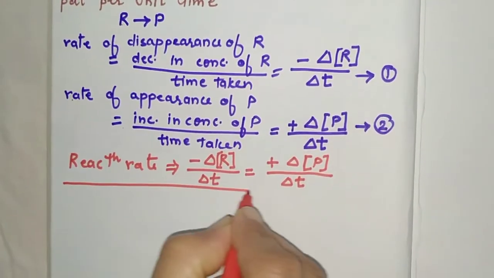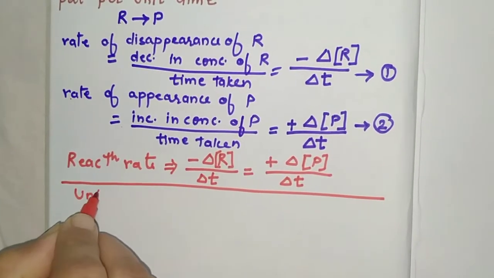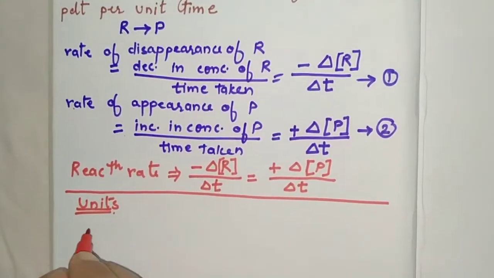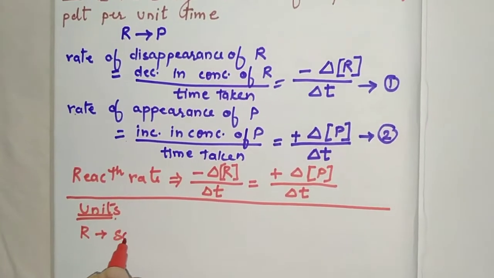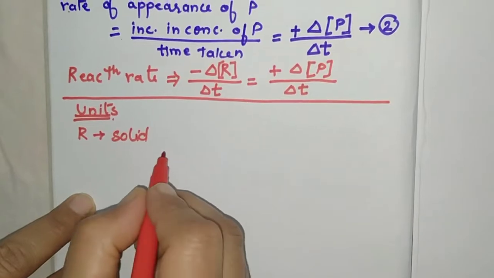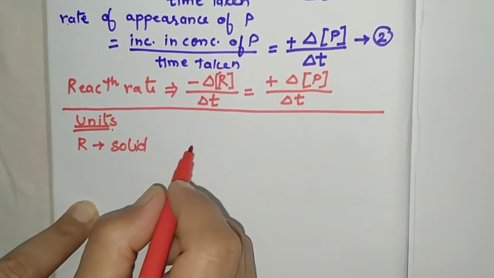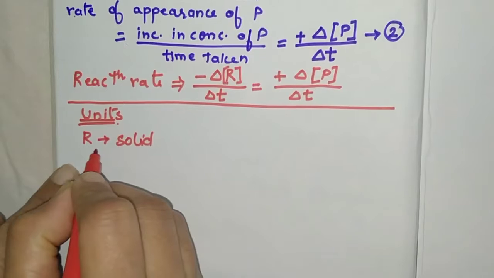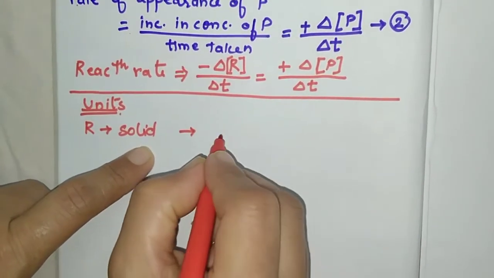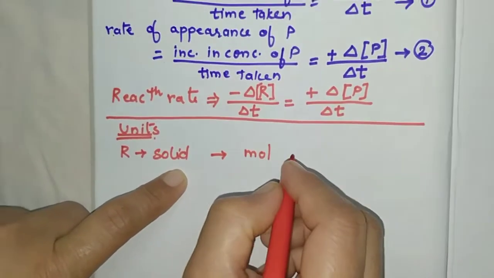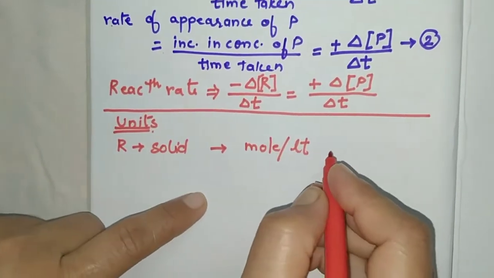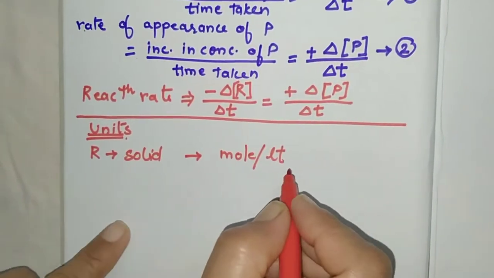Now units. If the reactant or product is in solution, then the concentration will be expressed in mole per liter, and time will be in seconds.